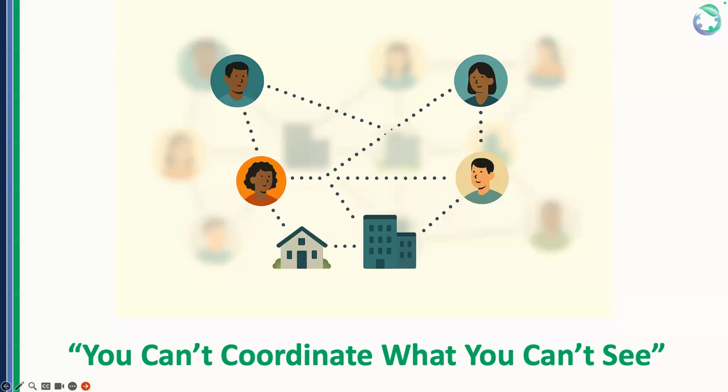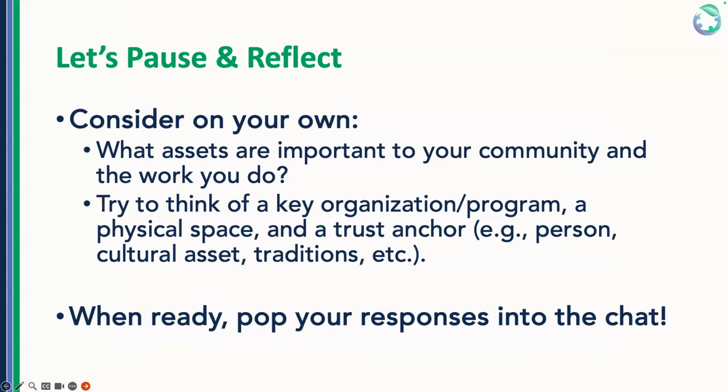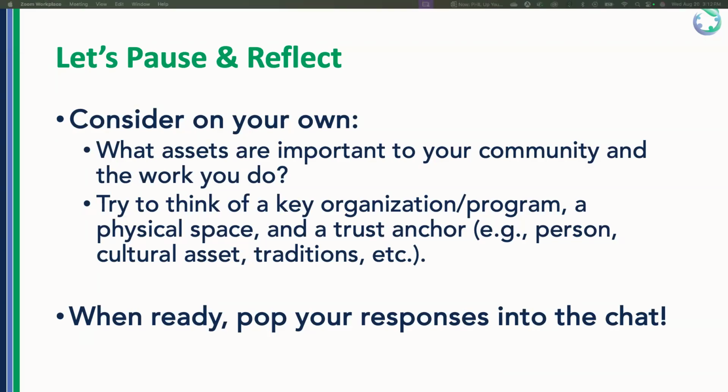All right. So, as we mentioned up front for these events, one of our real goals is for you to be able to be in discussion. We don't intend for these fill up your cup sessions to be drowning in content. We want this opportunity for you to really pause, reflect, share out loud, make connections. So, for the next moment or so, we want you to just consider on your own what assets are important to your community and the work that you do.